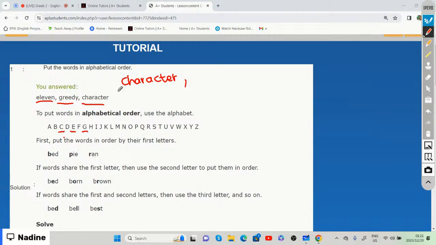Then E comes after C, which is 11. And then we have G, which is greedy. So we have C, E, and G. If we look at our alphabet, C comes first, E comes second, and G comes last. So we have character that starts with a C, 11 that starts with an E, and greedy that starts with a G.